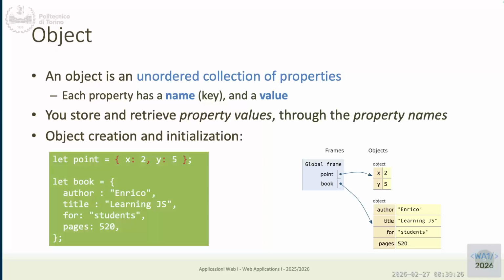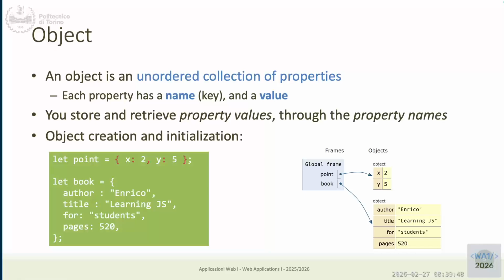So the idea of an object is very simple. You just list a set of properties with some values inside curly braces. That will create an object with those properties and some value associated to those properties.